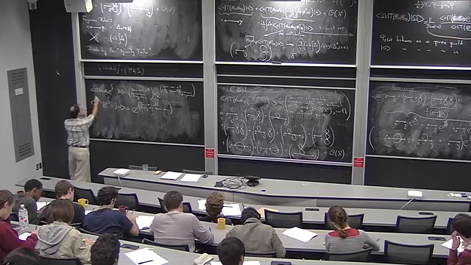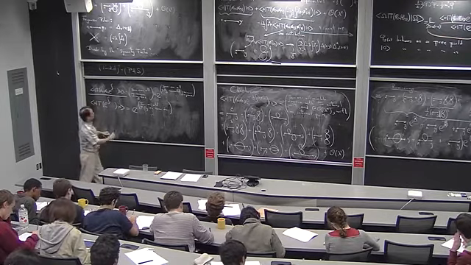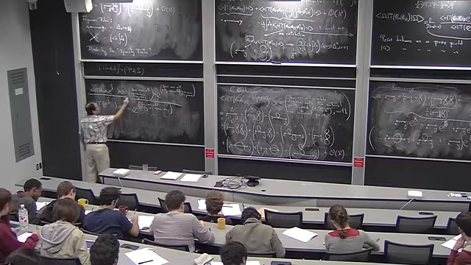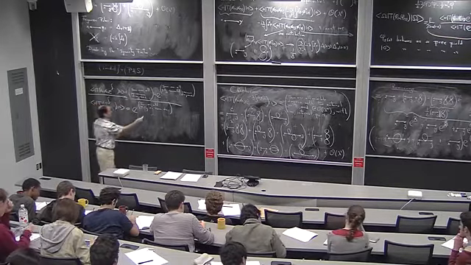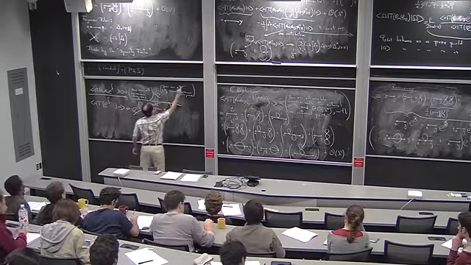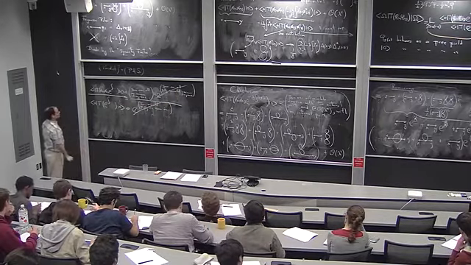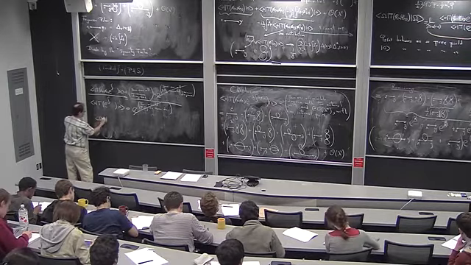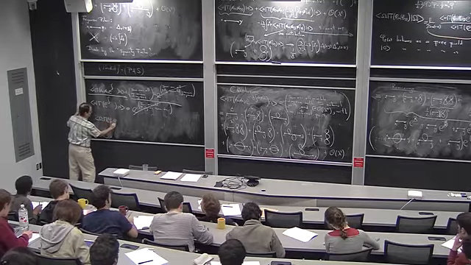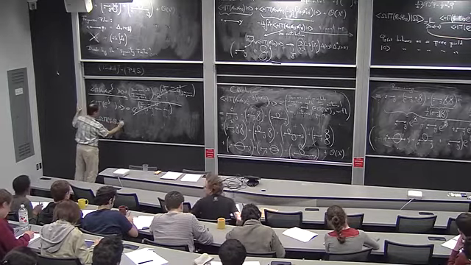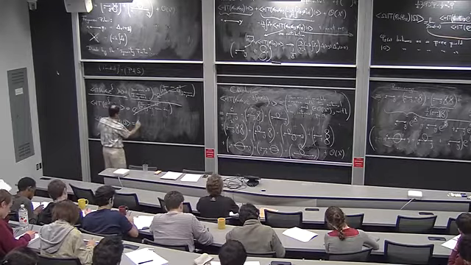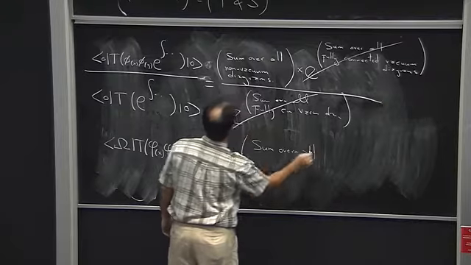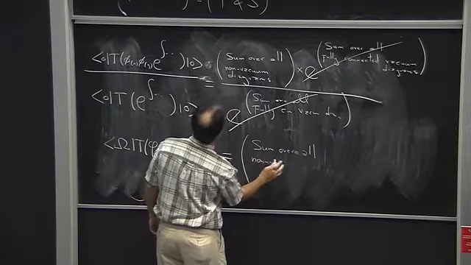And since we are dividing this and this, and we're putting the equal sign, this thing cancels with this, and we find that the final answer is that this object is equal, once again, to the sum over all non-vacuum diagrams.